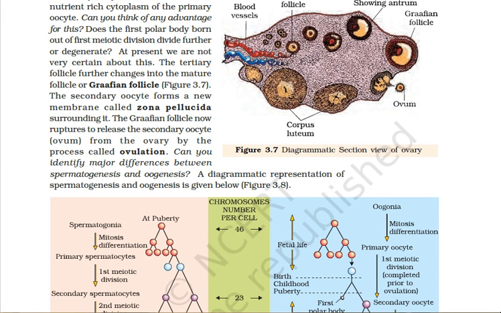The fluid present in it is liquor folliculi, and the secondary oocyte of the Graafian follicle is suspended in the antrum by a stalk of cells called cumulus oophorus, which is formed by the granulosal cells.